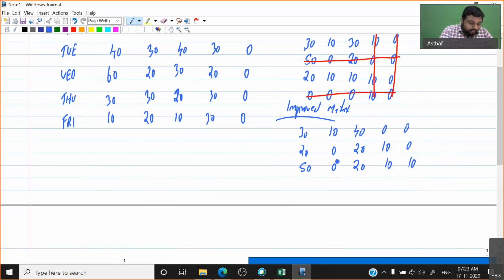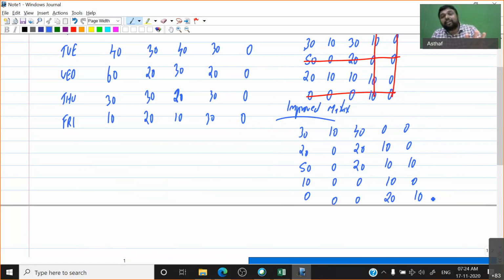Now we have 20, 10, 0, 0, 10, 0. Now we have 0, 0, 0. This 10 is an intersection, so what do we have to do? We have to add. So we will have 20, we will have 10.